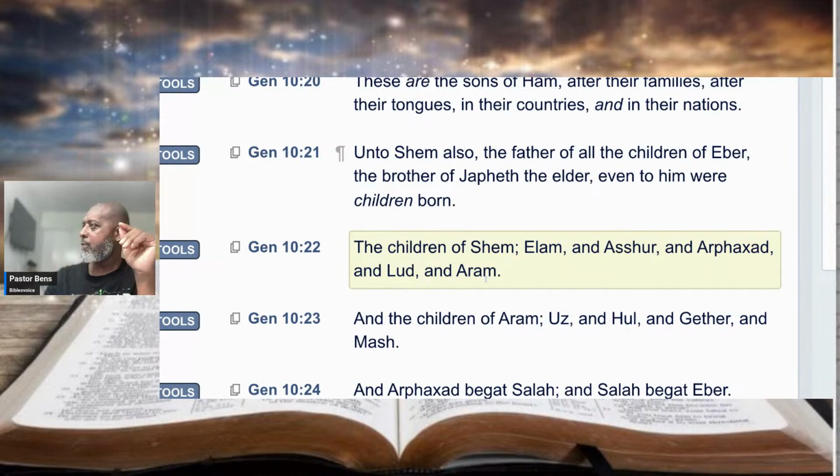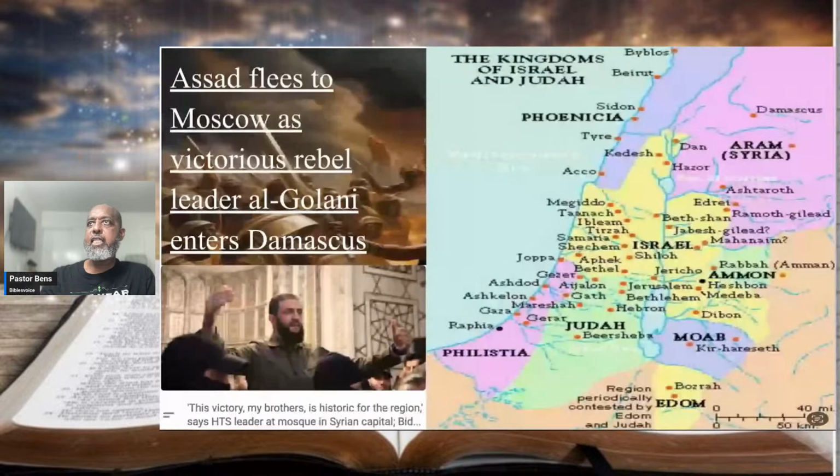But watch this. Lud and Aram. Aram went and settled the area that we know today as Syria. You see in the pink right here, Aram. This is the area he settled. So watch this.